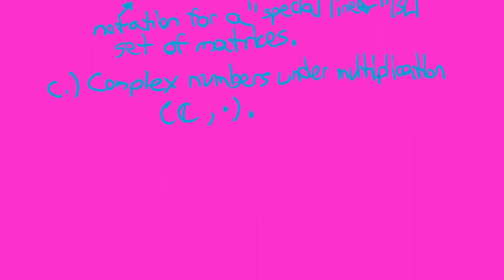So let's solve these. Let's start with part A. We have integers with the binary operation of addition. So we first check for closure. Let A and B be elements of Z. Then A plus B is also an integer.